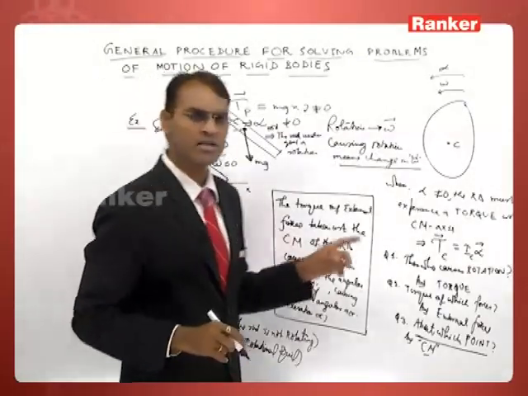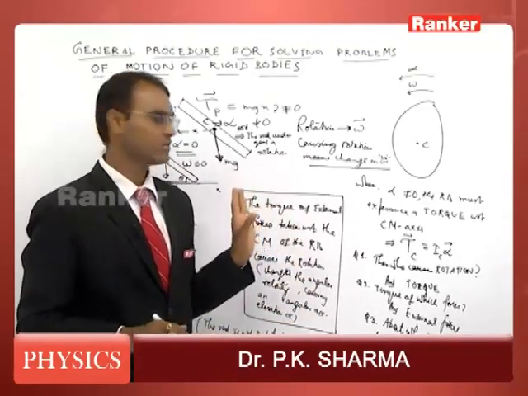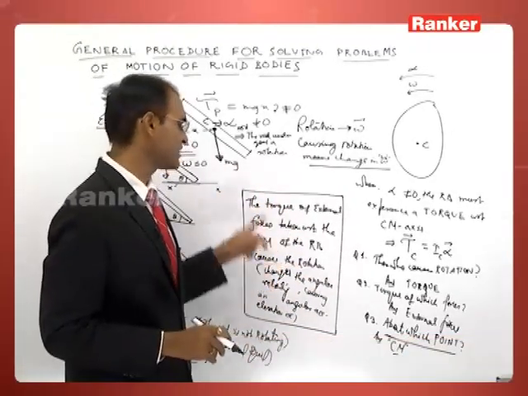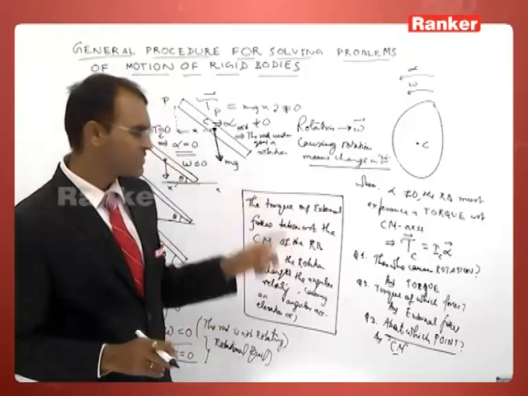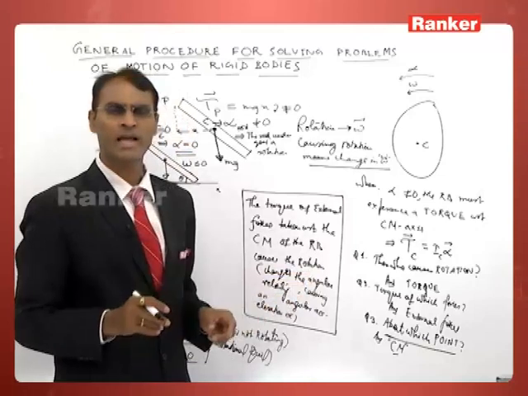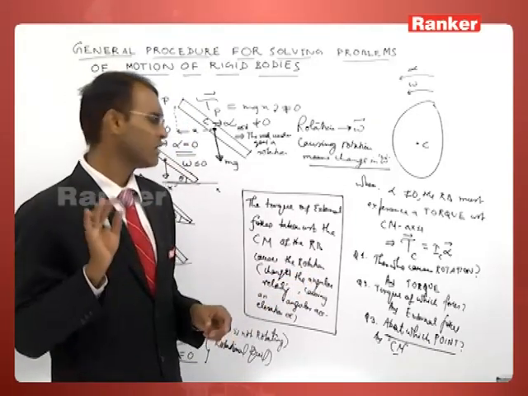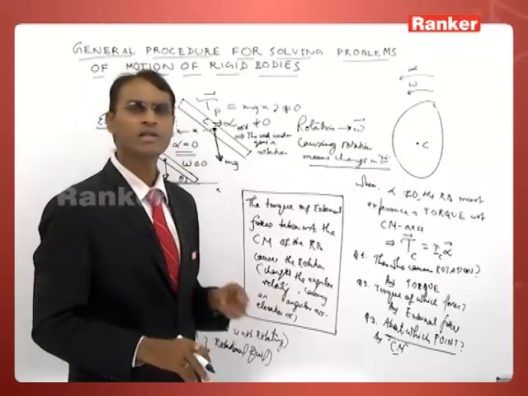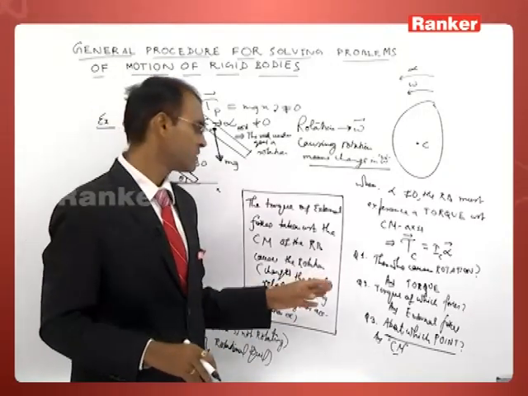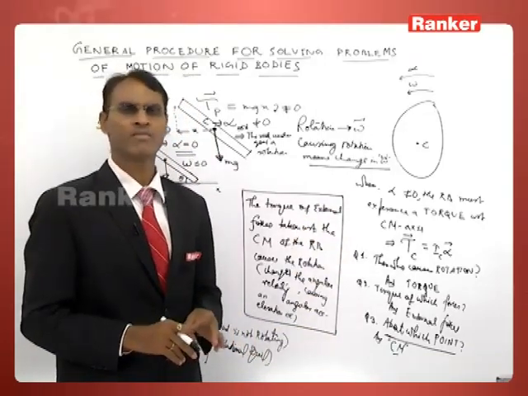That decides whether the rod should change its angular velocity or not. So, the cause of rotation, meaning change in angular velocity, is the torque of the external forces taken or calculated with respect to the center of mass of the body, not about any other point. That is the root of rotational dynamics.